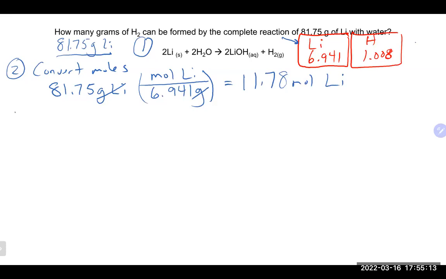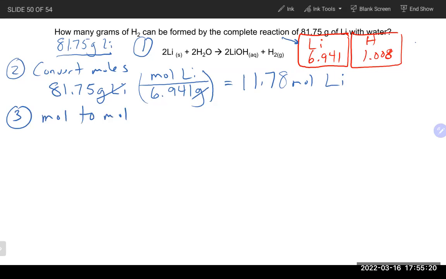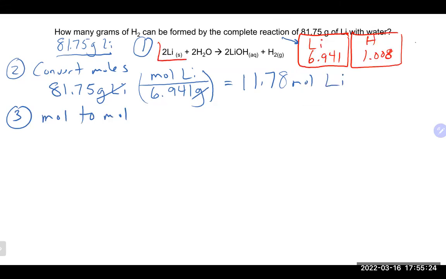The third step is to find the mole to mole relationship. One of the things that we're interested in is what they gave us, which in this case is lithium. The other thing that we're interested in is what we're trying to find, which in this case is how many grams of H2, which is right here. So this is where we get our mole to mole relationship from the equation, nothing more than the coefficients.